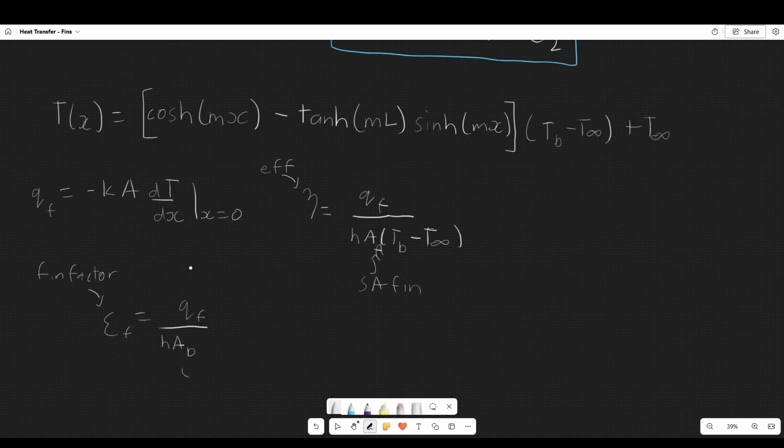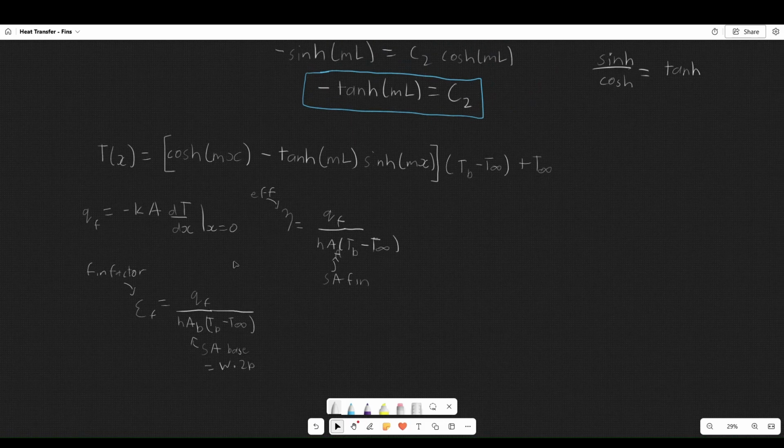This area, however, is the surface area of the base, which you can think of as the width times 2b, and it has the same T_b minus T infinity. So this is the fin factor, this is the fin efficiency, and this is the heat flux. Now that you know the temperature profile, you can do all of this. And this is for an insulated tip.